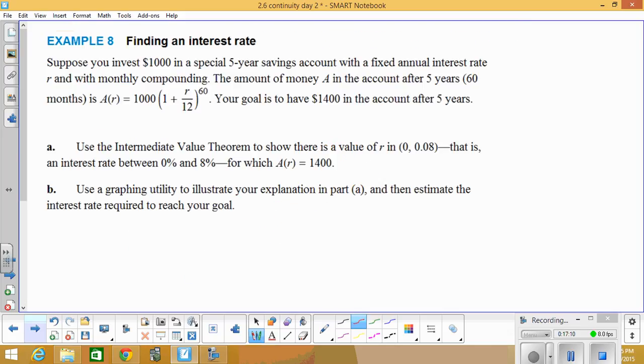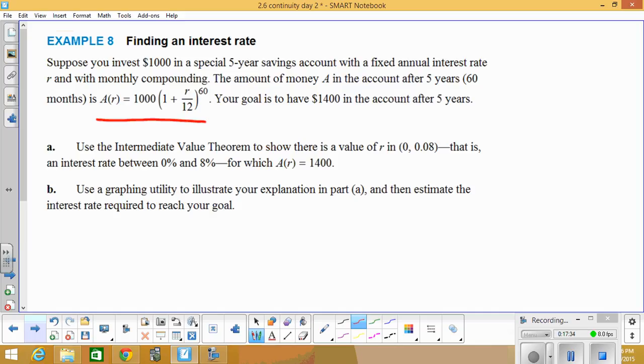So then let's go ahead and use an interest rate problem from our book. Suppose you invest $1,000 in a special 5-year savings account with a fixed annual interest rate R and monthly compounding. The amount of money A in the account after 5 years, or 60 months, is given by this equation, A of R, the compound interest formula.